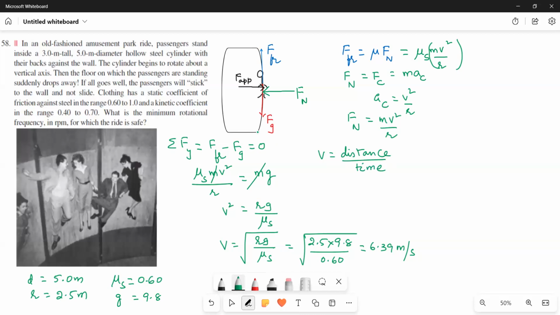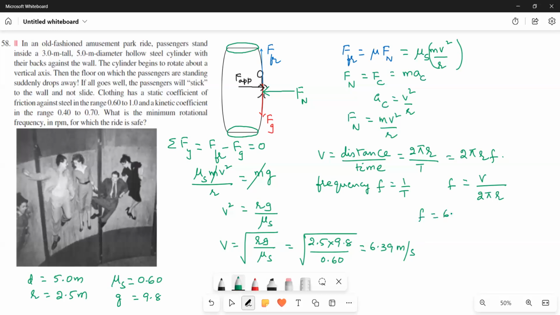This is the cylinder, so the path is a circle. The distance is the circumference of the circle, 2 pi r, and the time is the time to complete one full circle, that is the period T. We know frequency f is equal to 1 by T. Therefore, v is equal to 2 pi r f, so f is equal to v by 2 pi r.